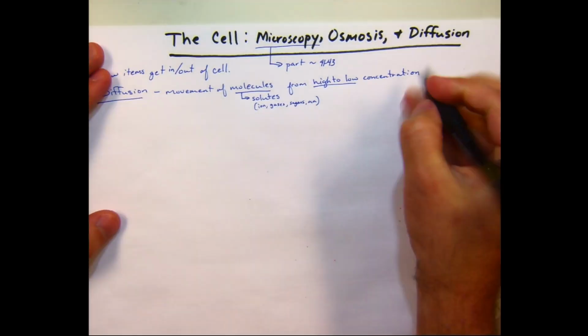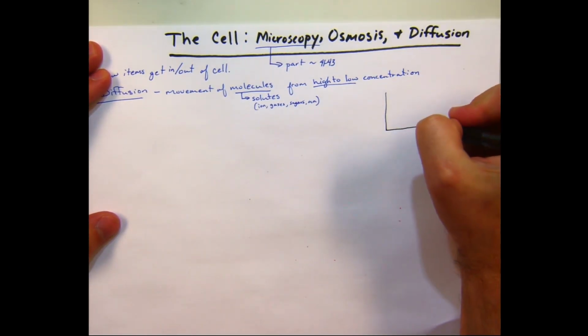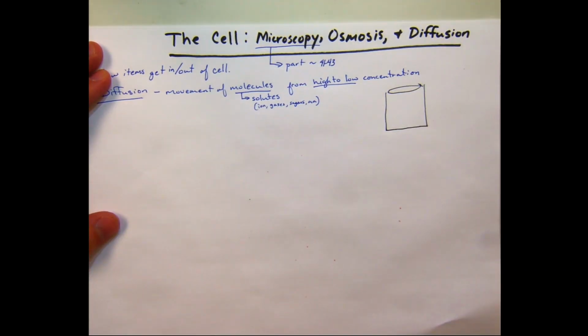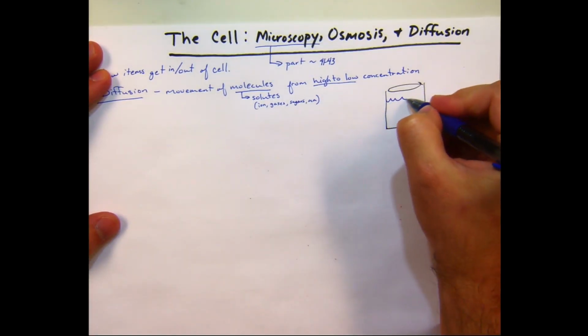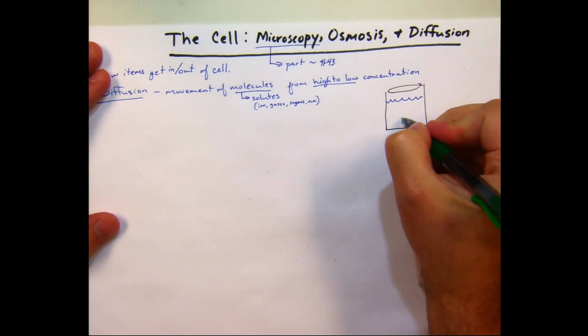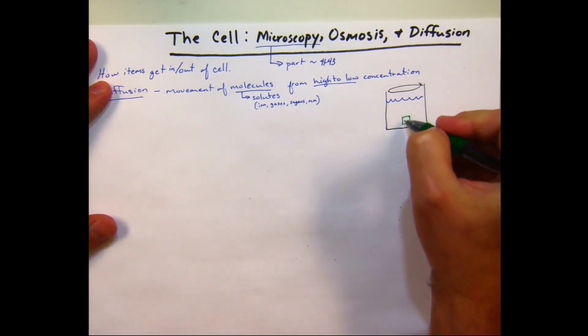What that would look like is, we're doing drawings here. Of course, you can find these little animations online. But let's imagine you have a little beaker of water, and in this beaker of water you have, let's say, a green sugar cube. This green sugar cube is at a very high concentration.